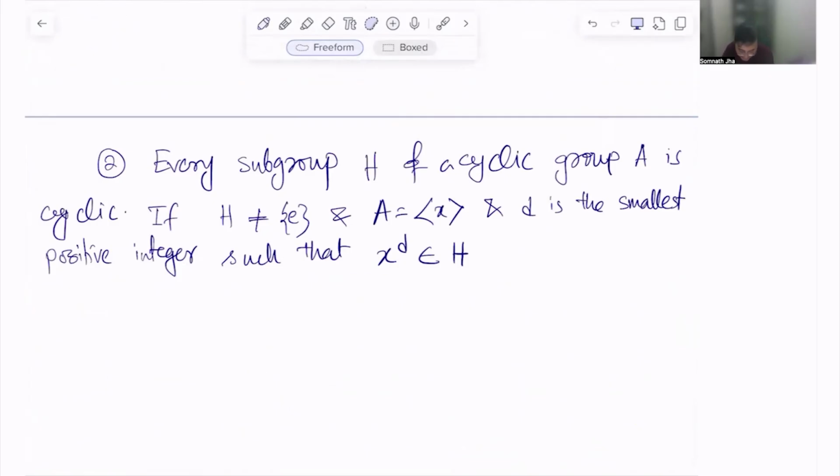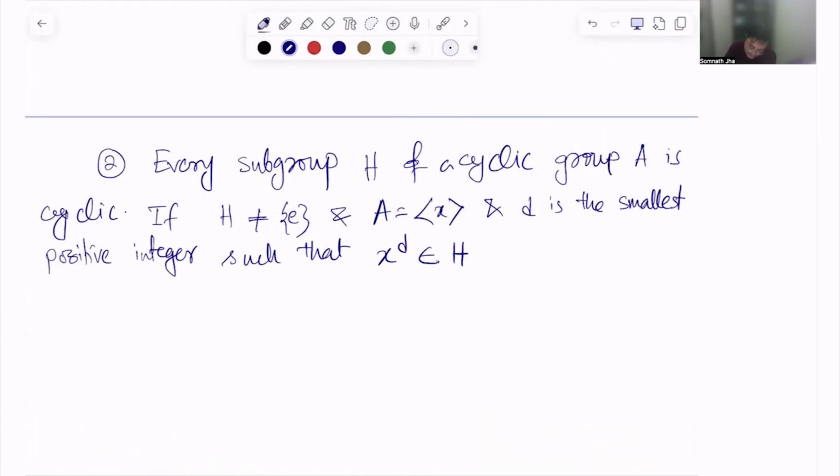In fact, if H is not equal to the identity, and if A is generated by, let's say, x, then it is generated by the single element x to the power d. What is d? d is the smallest positive integer such that x to the power d is in H. So you can check that x to the power d will generate H.